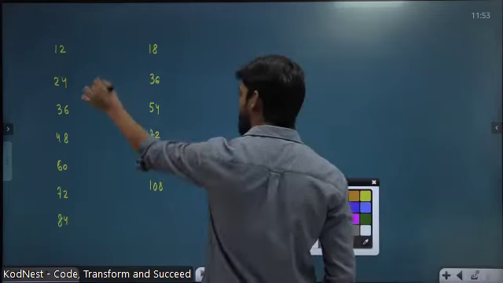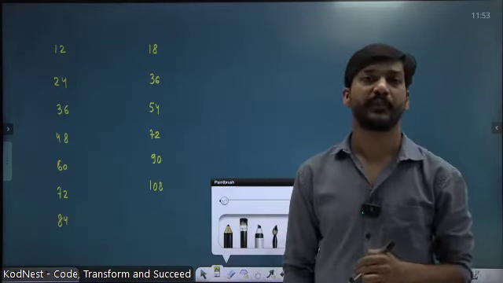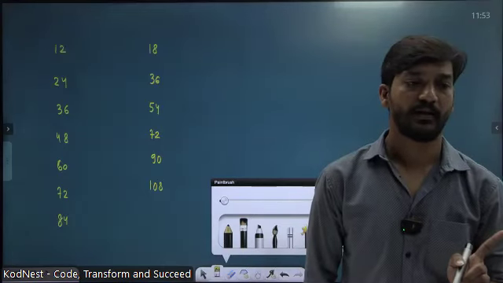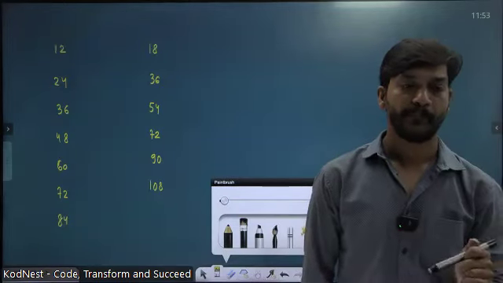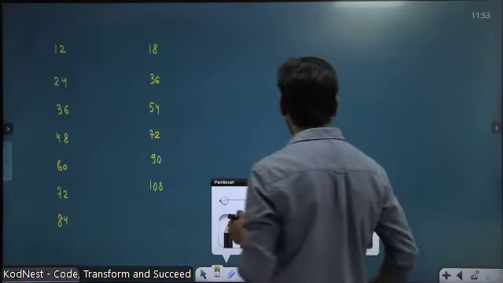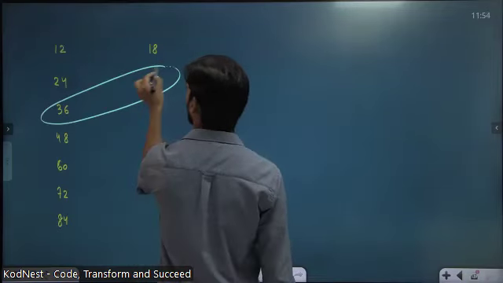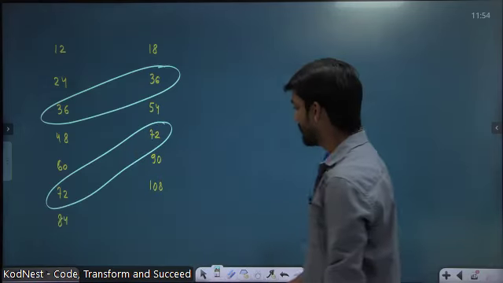Can you see now? These are multiples, these are also multiples. Can you see anything which is common to both? 36. Anything else? 72.